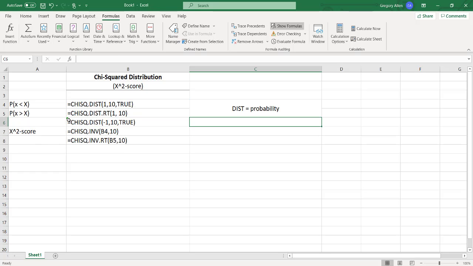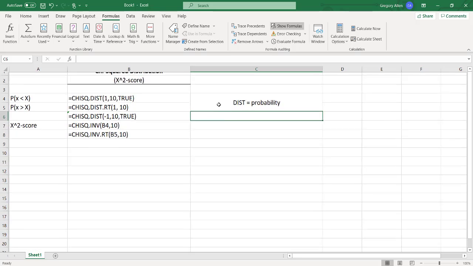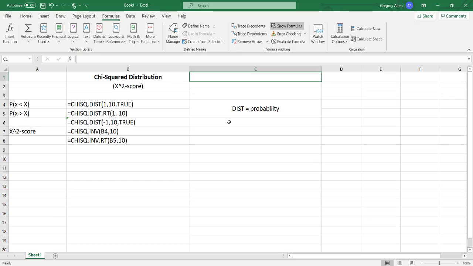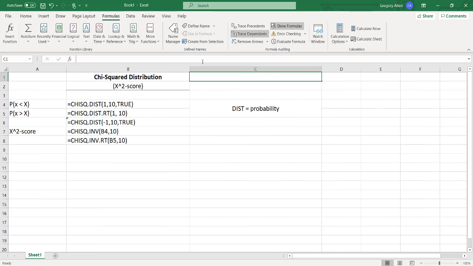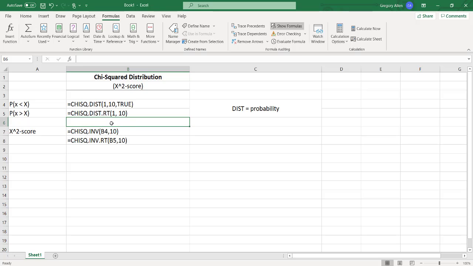I don't know if you can see this little tiny green triangle up here. That's Excel's way of telling me, look, I know you want to keep looking at the formula, but I'm just trying to give you a heads up, something went wrong. And whoops, sorry, didn't mean to drag that around. If we go back to looking at the output, you'll see it's giving me an error message because you can't find a chi-squared probability for a negative chi-squared value. That's outside of its domain. All right, so let's get that out of there.